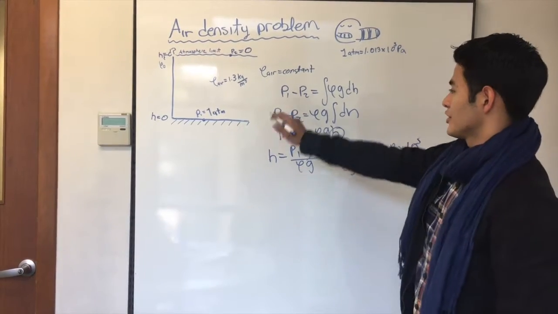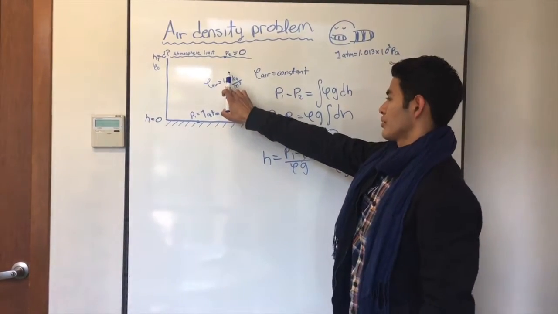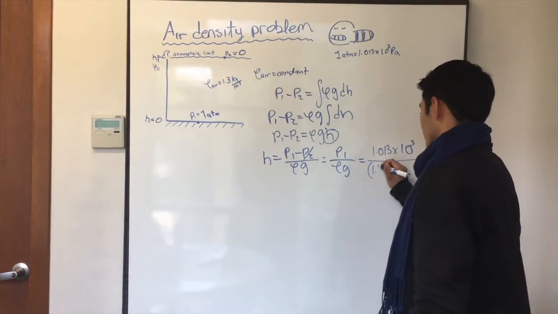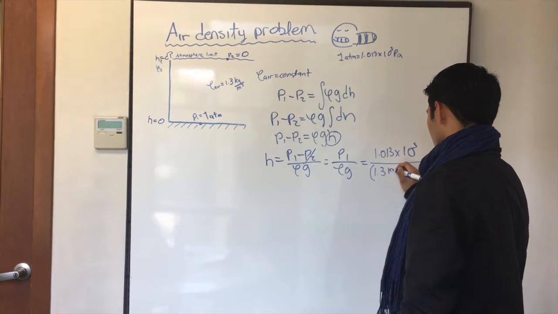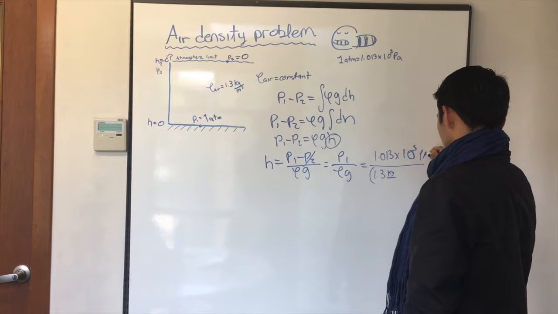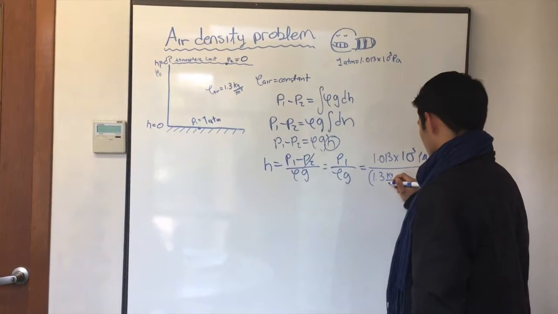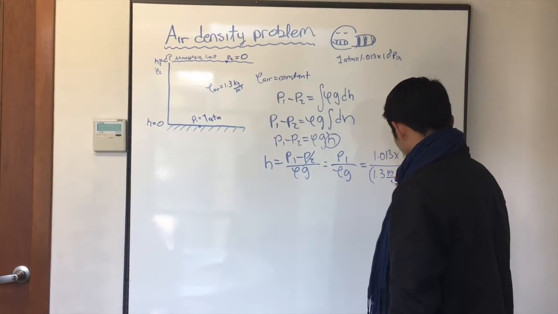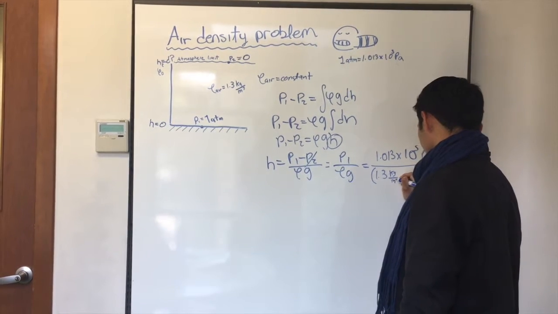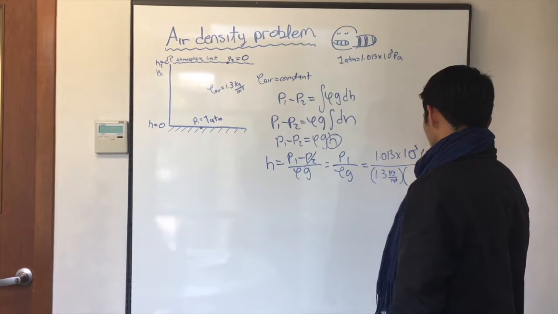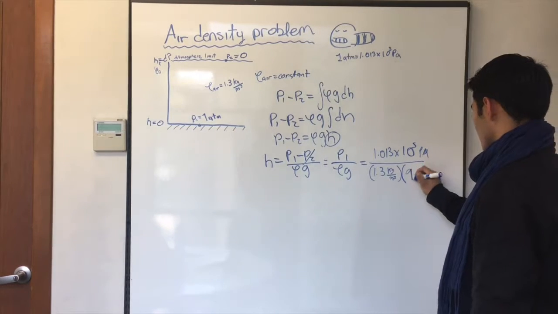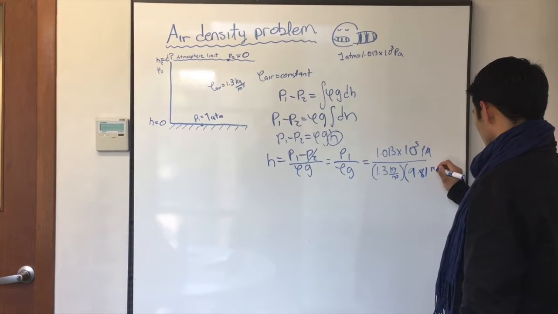The density of the air, they are giving us the value that is 1.3 kilograms per cubic meter, and this times gravity, that is 9.81.